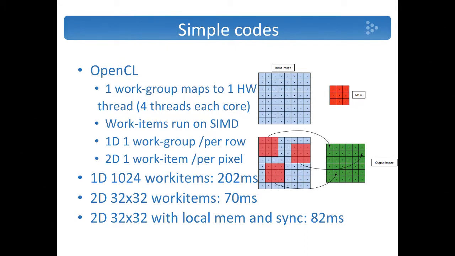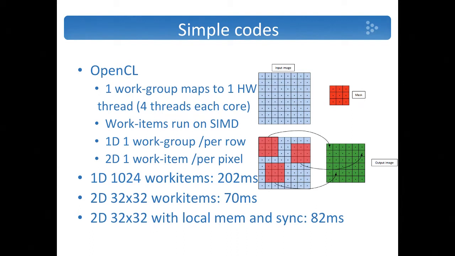So we have 2 different kinds of kernel here. The first one is just like the OpenMP example previously. It has 1 work group per row. That means 1 thread per row. And we can also have a 2-dimensional kernel. That means 1 work item per pixel. It's not 1 thread per pixel.